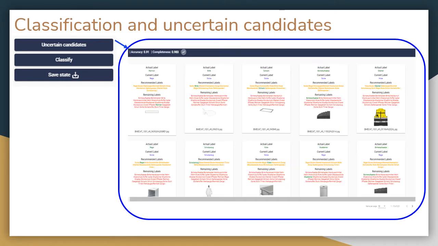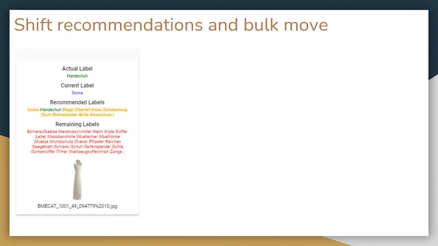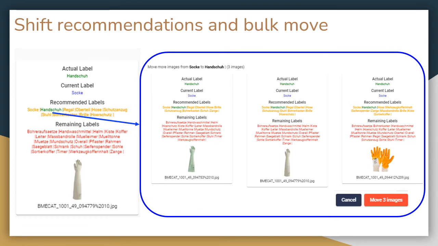The user can execute a classifier and request a list of candidates using a specified uncertainty measure. In the view of uncertain candidates, label recommendations are provided to shift an image from the current label to the actual label, as specified by a reference labeling for evaluation purposes. If a user clicks on one of the recommended labels, the system provides further recommendations of additional images that can potentially be moved accordingly.